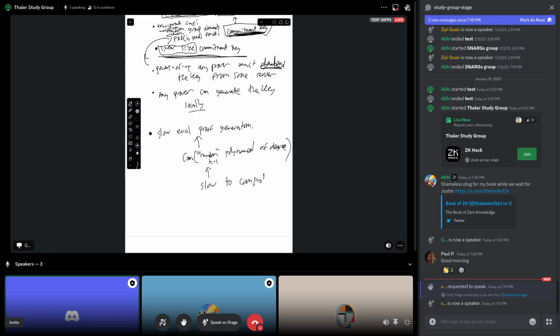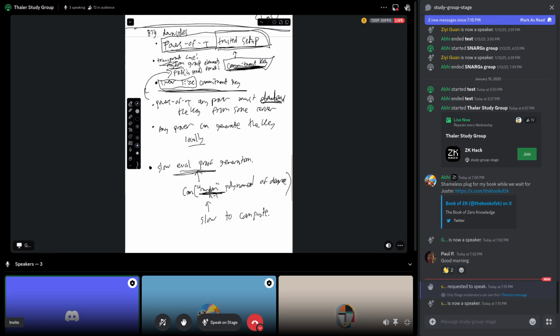I won't go into the details again, but basically, if the original thing you committed to only has small coefficients, it's actually pretty fast to commit to because the coefficients are small. But even if the original thing had small coefficients, the evaluation proof requires committing to something with random coefficients, and that will be 10x slower to commit to than if the coefficients were small. So these are the three downsides, in my view, of KZG commitments: not transparent, linear size SRS, slow evaluation proofs.